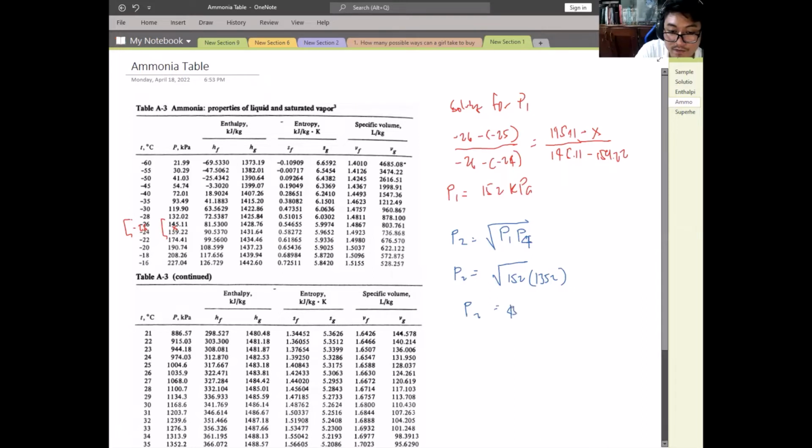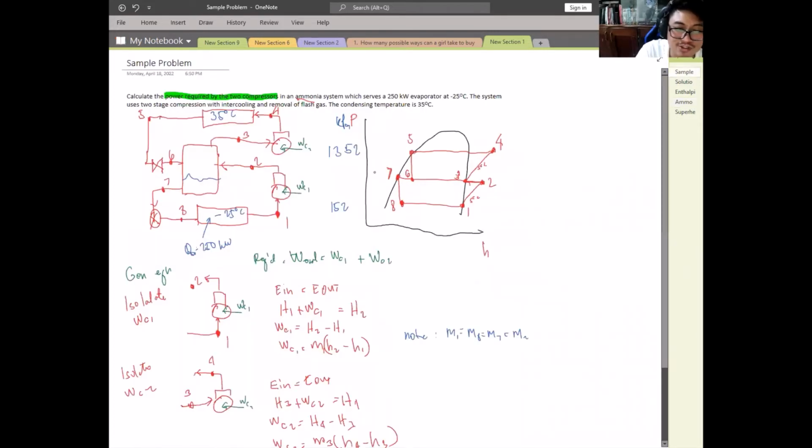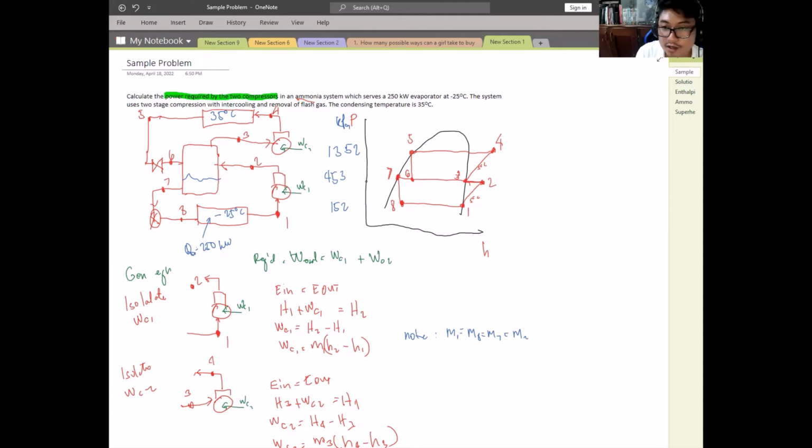Okay, 453 kPa. So lagyan na natin dito, and I think kumpleto na yung pH diagram, yung mga enthalpies na lang yung hahanapin natin. So kumpleto na yung ating pressure lines. May tatlo na tayong pressure lines.